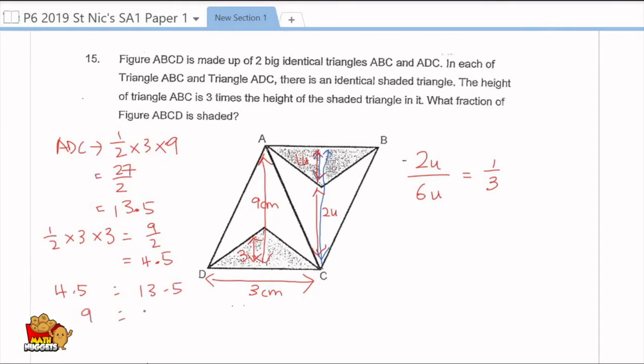It's actually 9 is to 27. Bring it down. This one is the 3. Your shaded part will be 1/3 the triangle, because the height of the big triangle is 3 times the height of the shaded part.